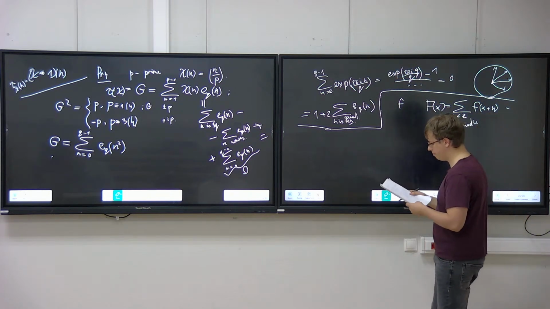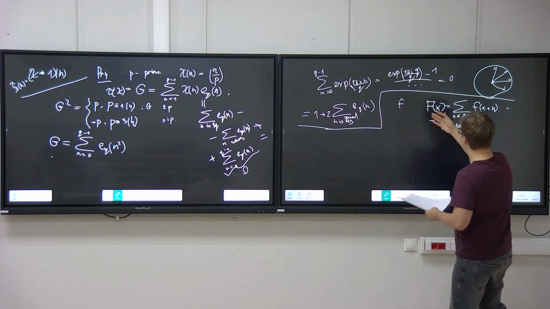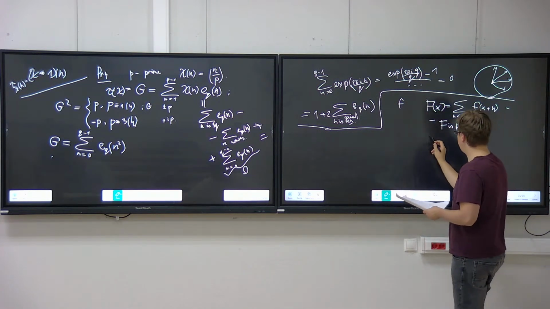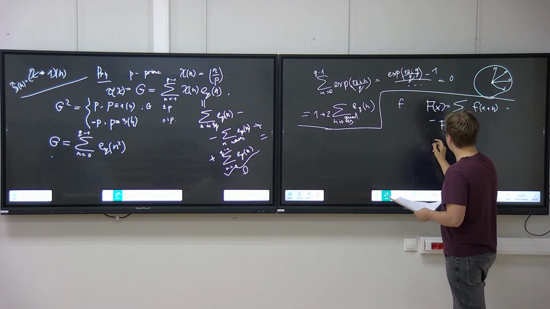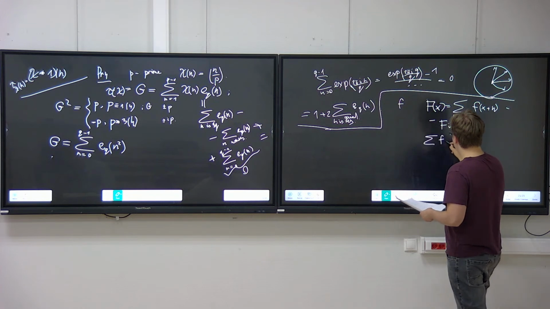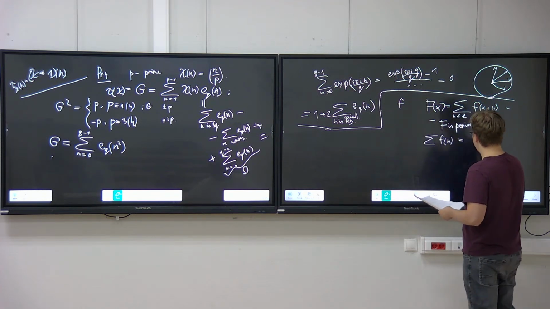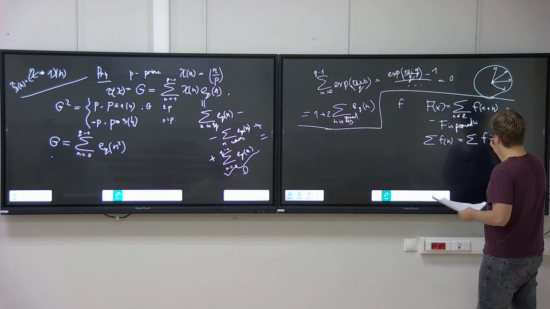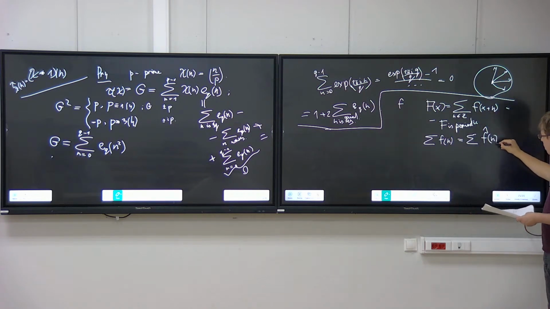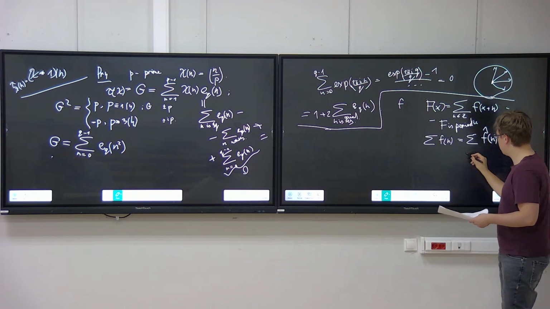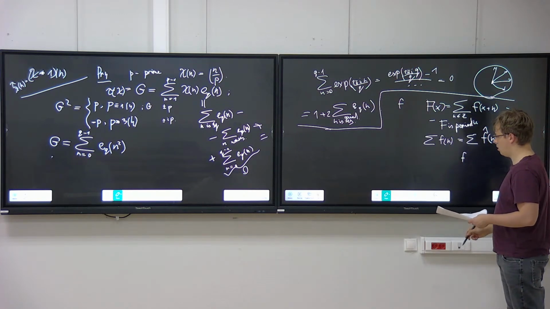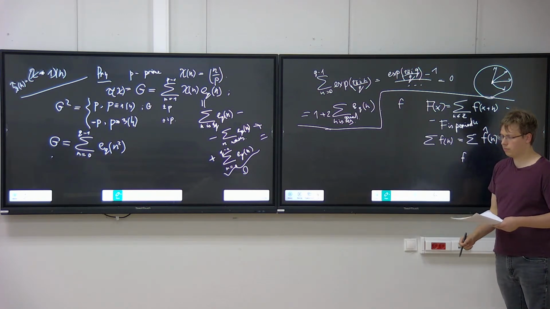So yes, and from this, if you do it, you will get such a formula that the sum of f of n is equal to the sum of its Fourier transform.